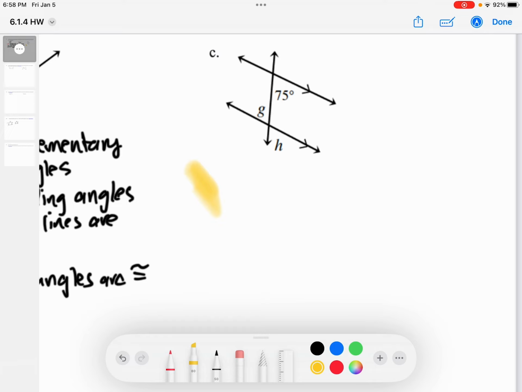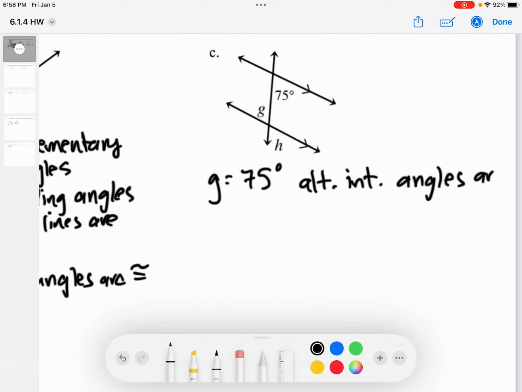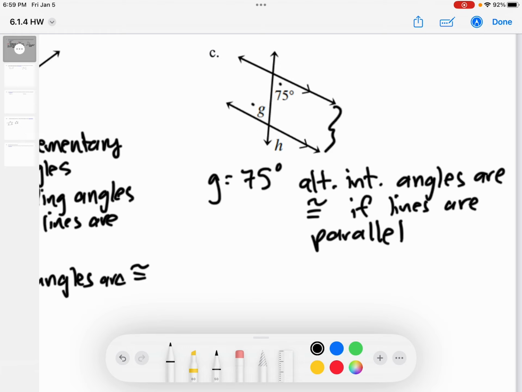So I'm going to say that G equals 75 degrees because alternate interior angles are congruent if lines are parallel. So they are on alternate sides of the transversal, and interior or inside of those two parallel lines. Okay, so G is 75 degrees.